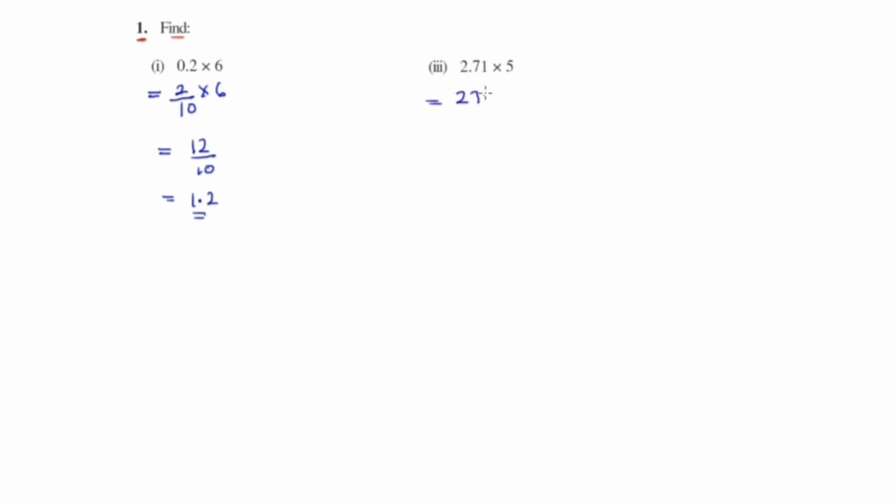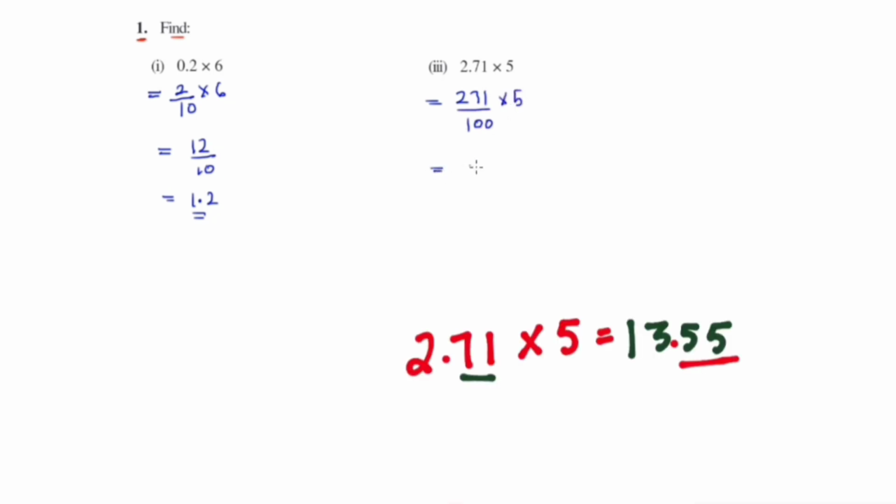Now converting, write 271 over 100 since we have 2 digits after the decimal, times 5. The same we are going to do, multiplying the numerator, we will get 1355 over 100. Also here are 2 zeros, so we will put the decimal point before the last 2 digits, so it will be 13.55, which is the product of this part. Clear?